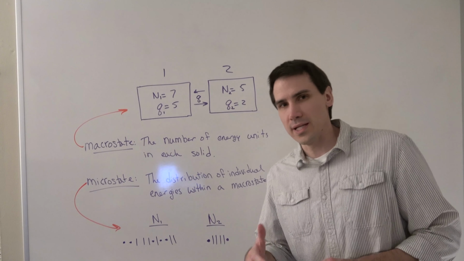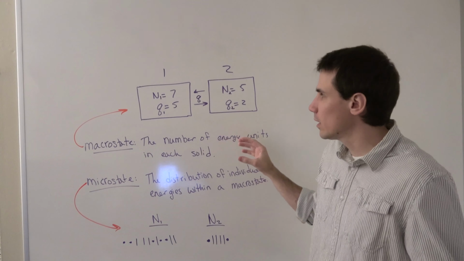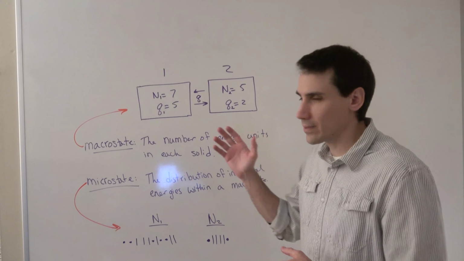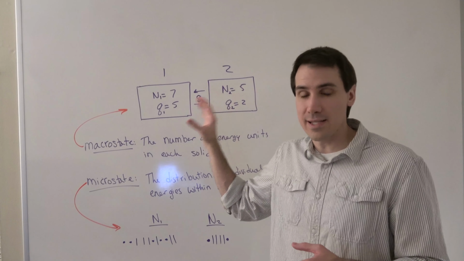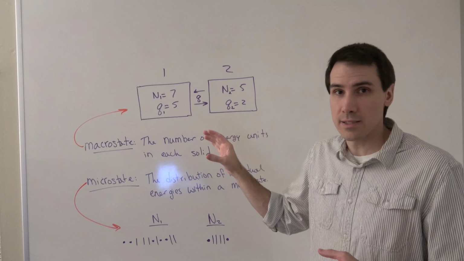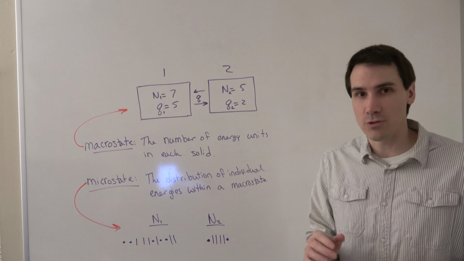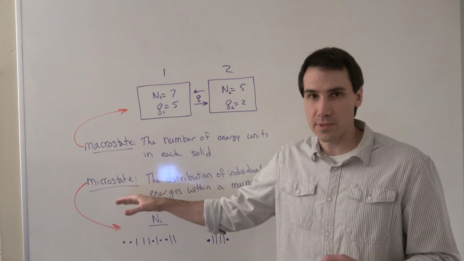Now what I'd like to do is think about 2 Einstein solids next to one another, which can exchange energy back and forth. So what I would like to do is figure out what the most likely state of this system is, and there is a specific meaning that I have to most likely. And to get to that, we need to think about macro states and micro states.